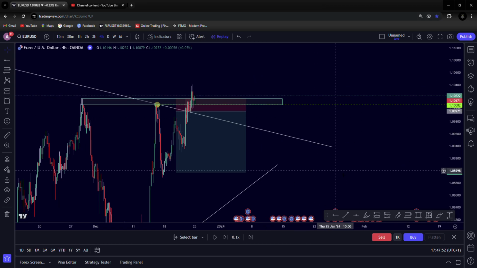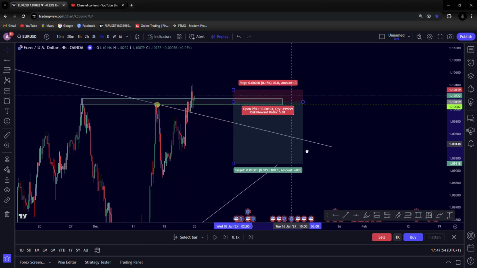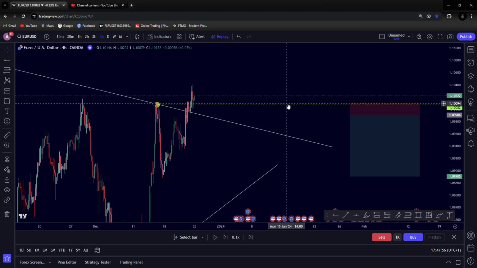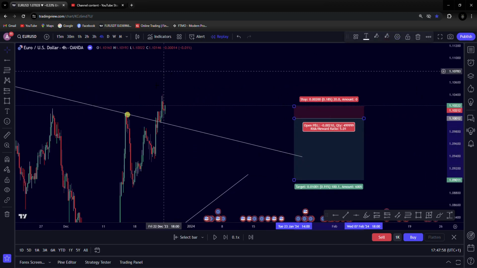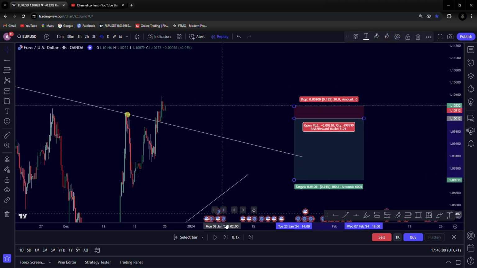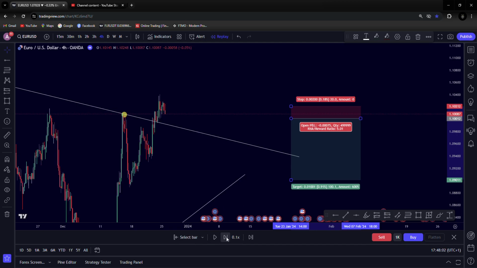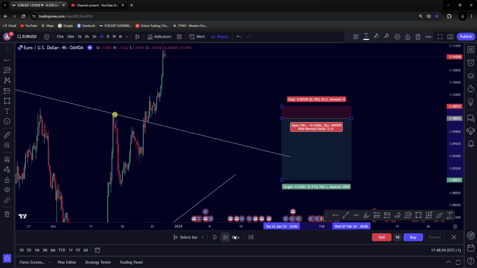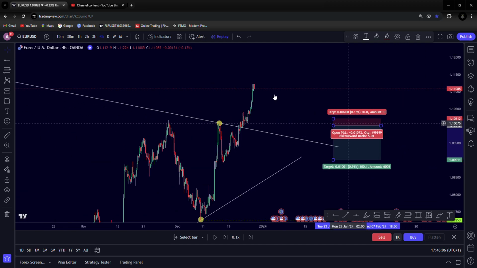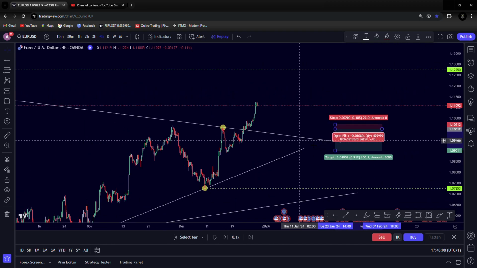Okay, and if you know how to set up a sniper entry, and if you can get a trade somewhere from here, a sniper short, and take profit just on the trend line retest, you can make a lot of money.